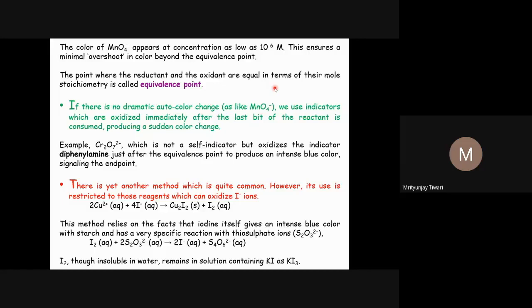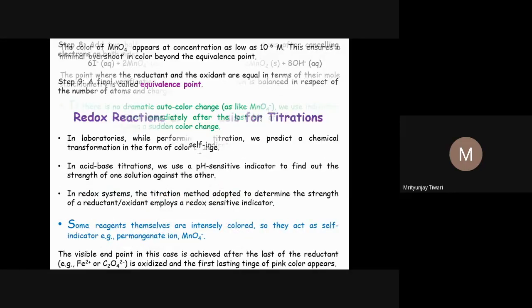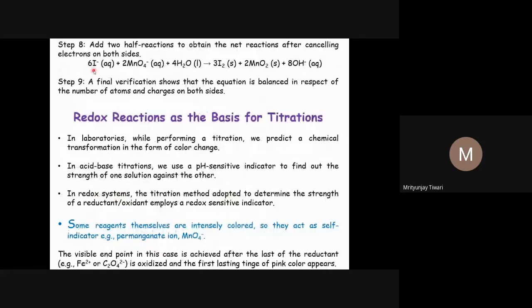If we look at this example, the balanced equation has iodide reacting with MnO4 minus permanganate ion. If 6 moles of I minus is present per 2 moles of permanganate ion, the reaction is at the equivalence point.